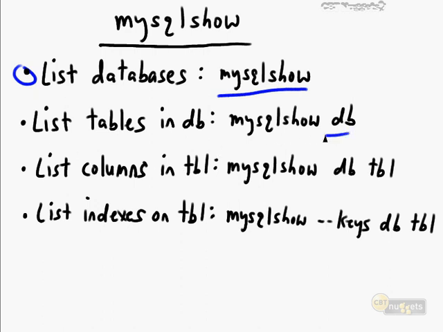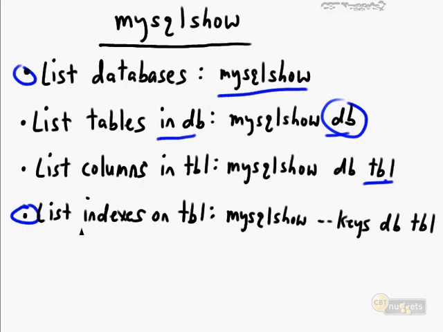MySQL show DB will list all the tables in the specified database. MySQL show DB table will list all the columns in the specified table. That can be useful again for database design purposes. If you need to create a new database, a lot of times the best place to start in your table design is to query the columns of existing tables and basically copy their structure.